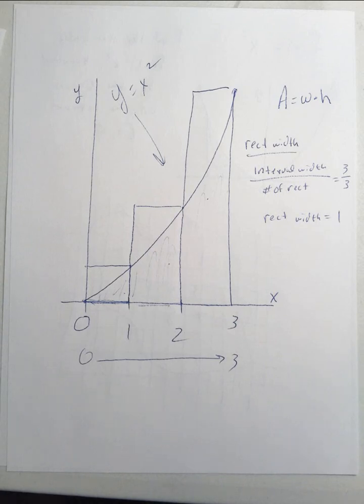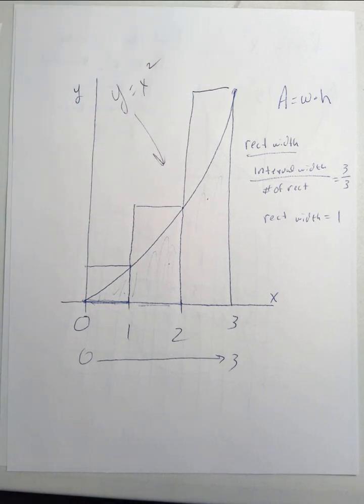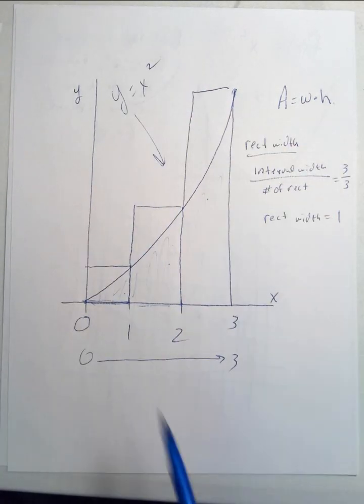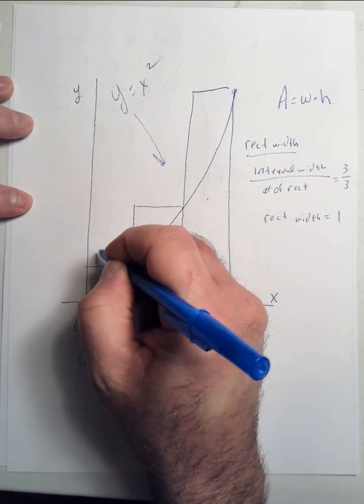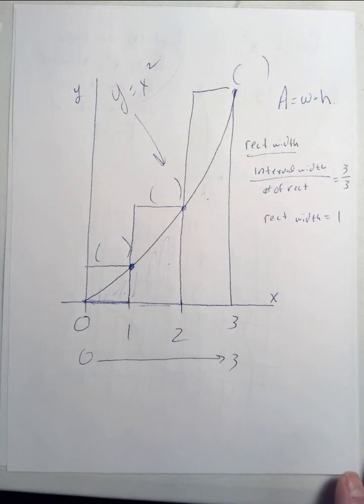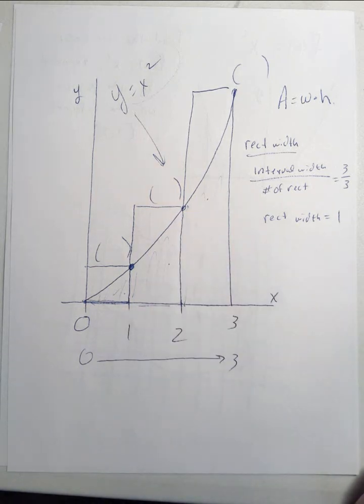But if you notice, the rectangle heights are changing, and they're changing right along with the function itself. So the height of each rectangle, which I need, is dependent solely upon the function. Right? So in each case, those points have xy values. And the y values represent the heights of those rectangles.